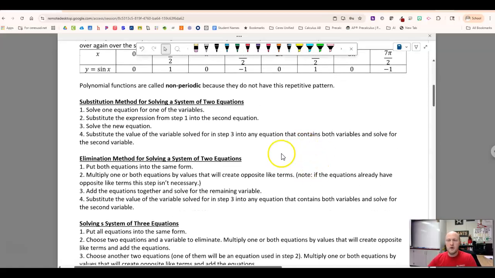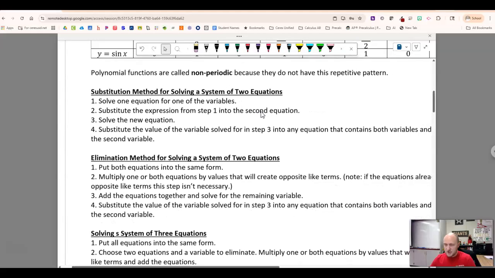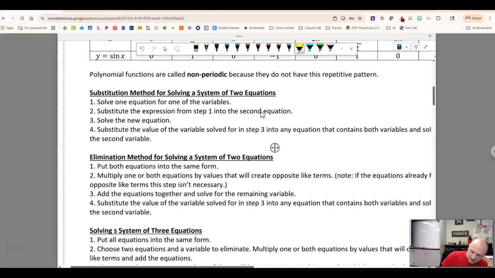So we're going to go ahead and construct, given data, a system of equations, and then we're going to explore different methods of solving. And prior to AP Precalculus, you've probably encountered these. There are the main two: there is substitution and there is elimination.